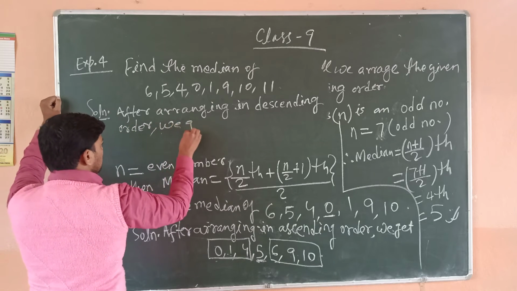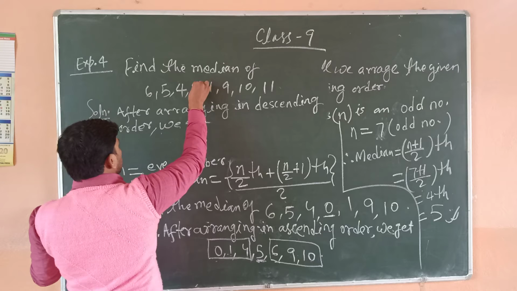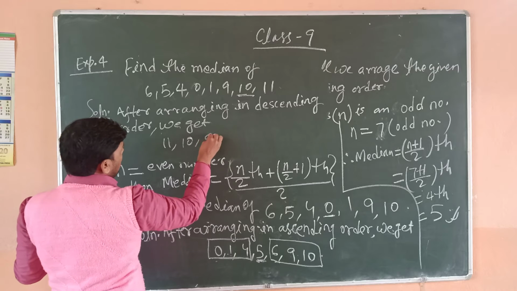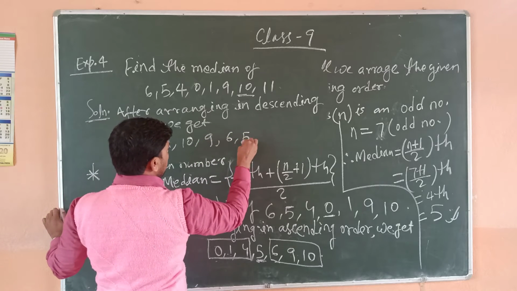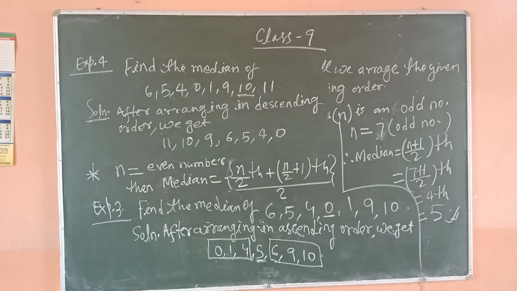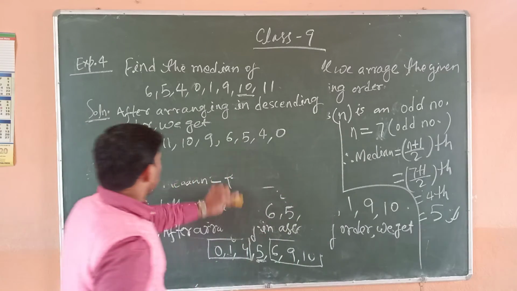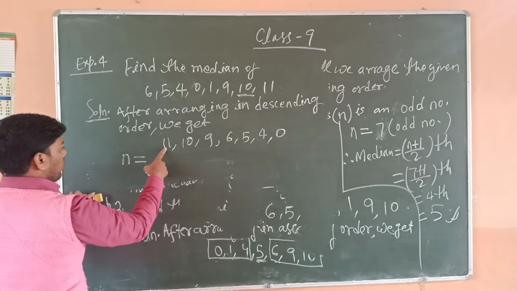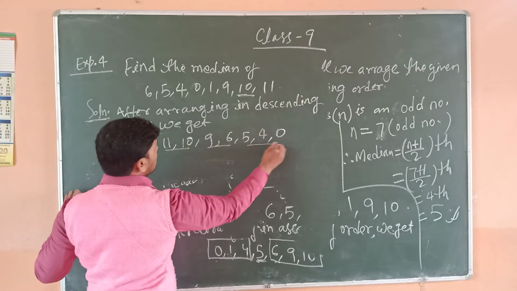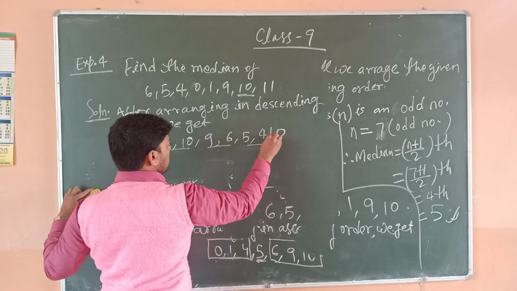We get 11, then 10, 9, 6, 5, 4, 0, 1. Count the observations: 1, 2, 3, 4, 5, 6, 7, 8.